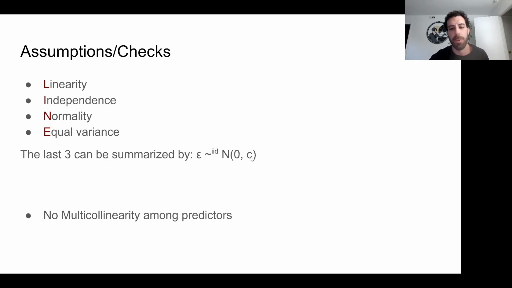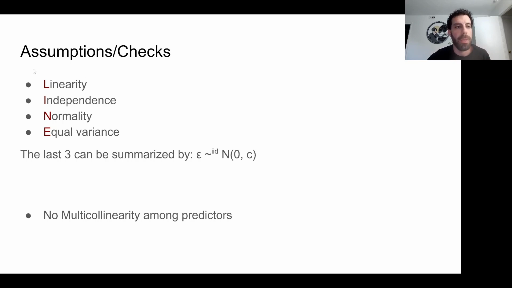And sometimes you'll see people write sigma squared to symbolize the variance. I wrote a C just to make it clear that it's constant, it's not changing. You could write it any way as long as you're clear that it's constant. So this is a simple way to write those three assumptions, and then linearity is your baseline, most obvious assumption in regression. We're fitting lines.